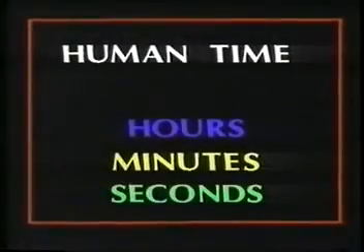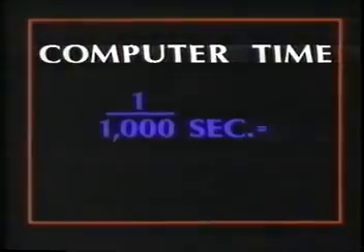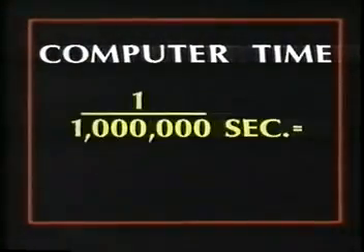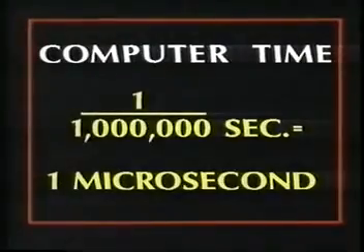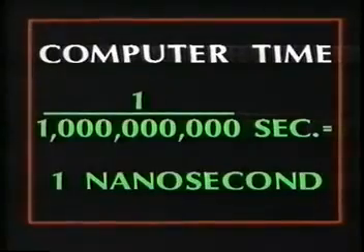In fact, for most purposes, our everyday life is divided into hours and minutes and seconds, whereas the computer lives in a world of thousandths of a second, milliseconds, millionths of a second, microseconds, and billionths of a second, nanoseconds.